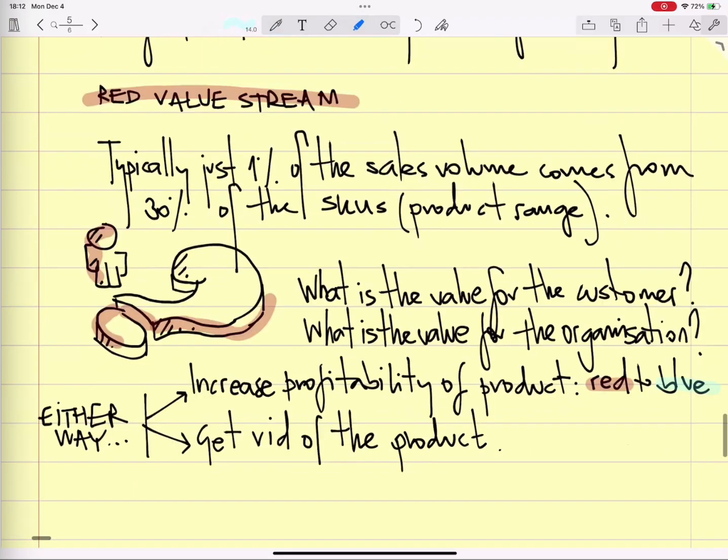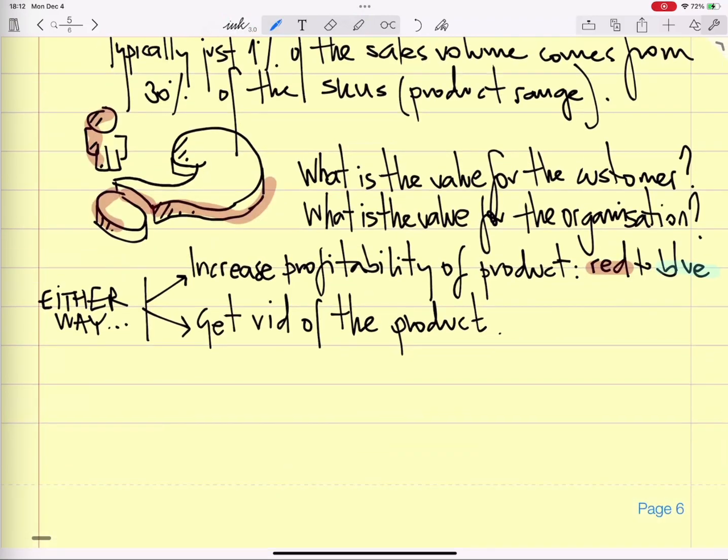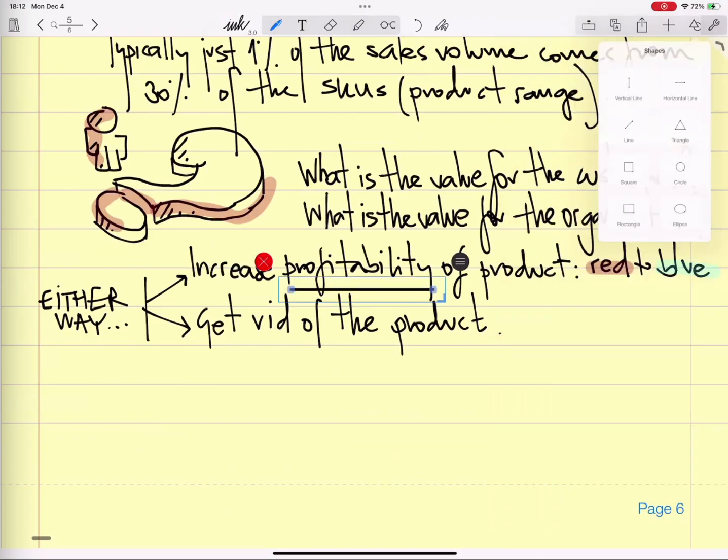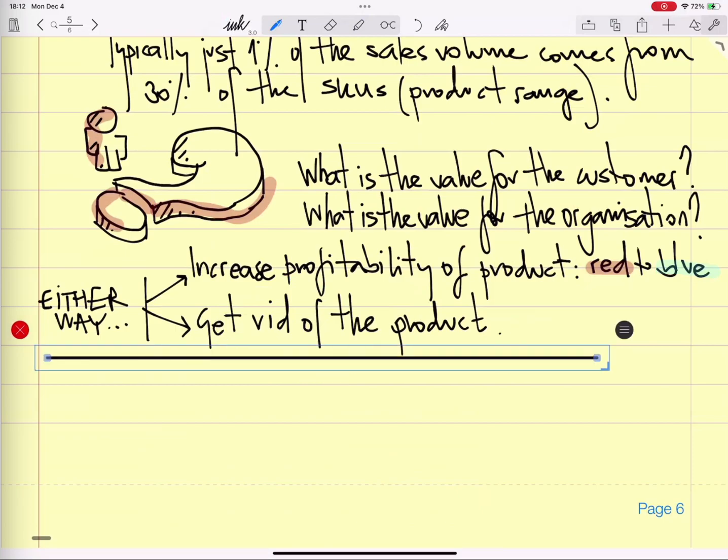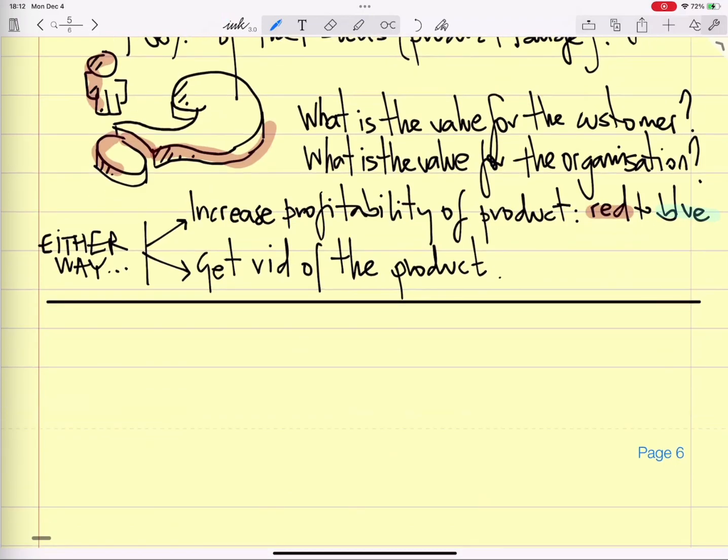So let me summarize the whole thing in one or two lines. So green, what do we do? We do EPI management.